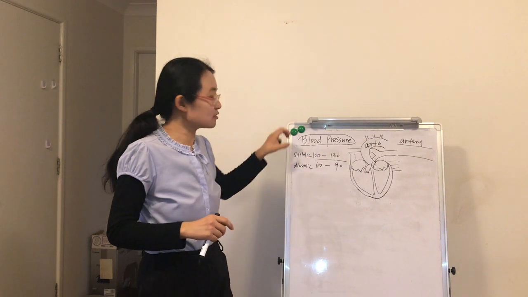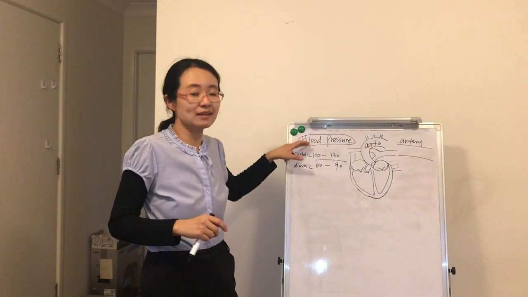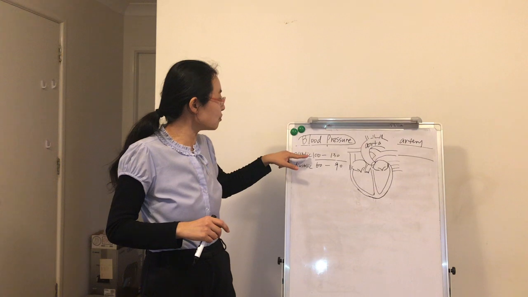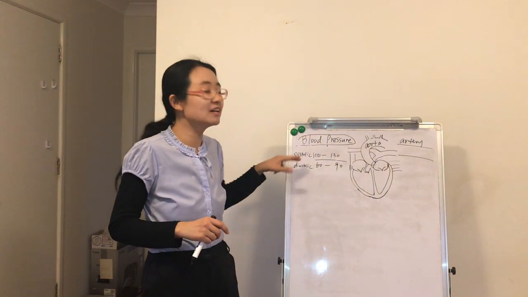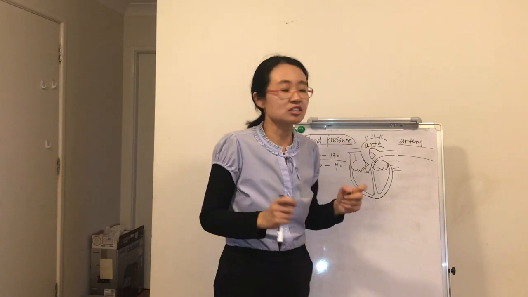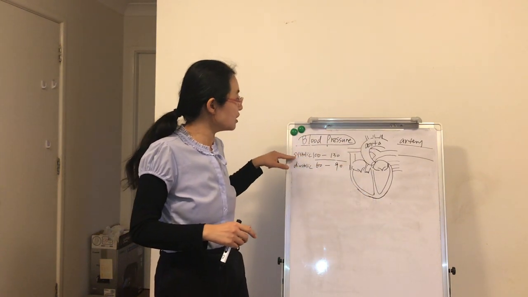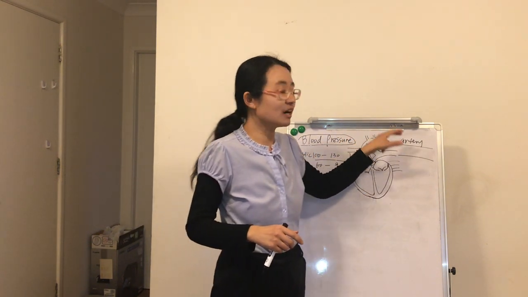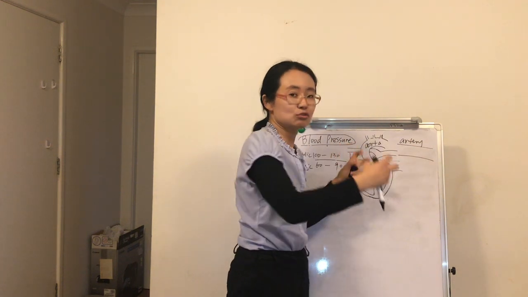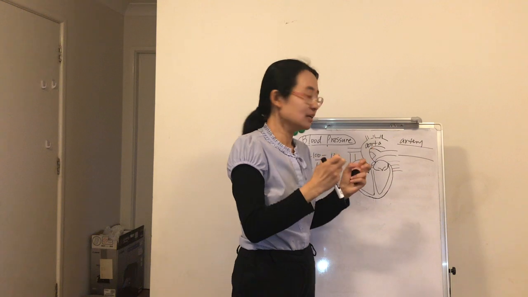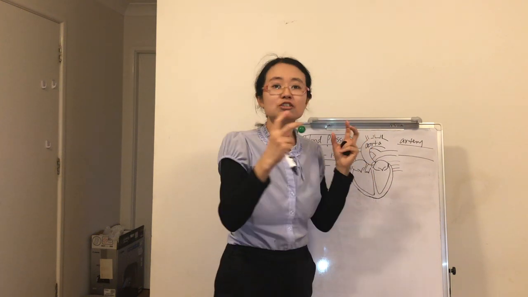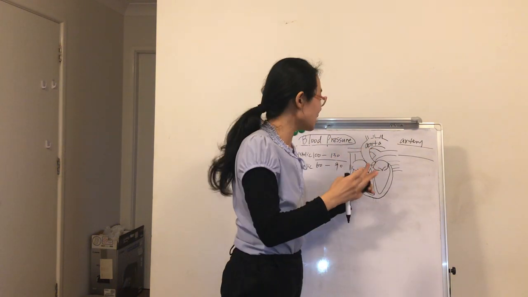The blood pressure has two readings, one on the top, another one on the bottom. The top reading is called the systolic blood pressure, and the bottom reading is called the diastolic blood pressure. Systolic blood pressure measures the pressure in the artery when the heart starts to contract. When the heart starts to contract, the two ventricles will squeeze the blood out.